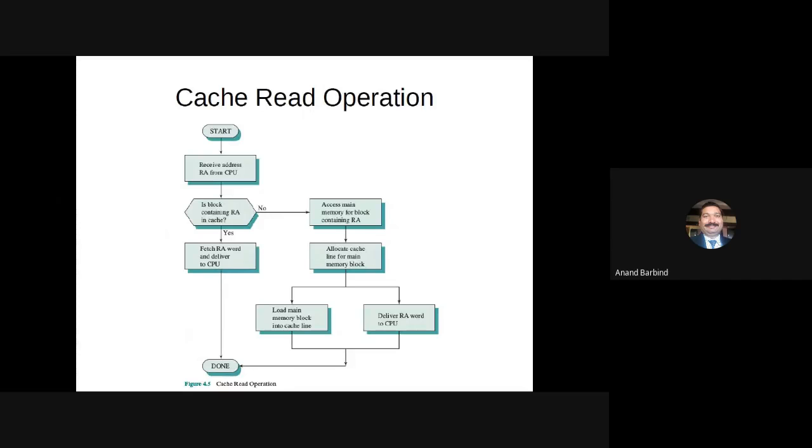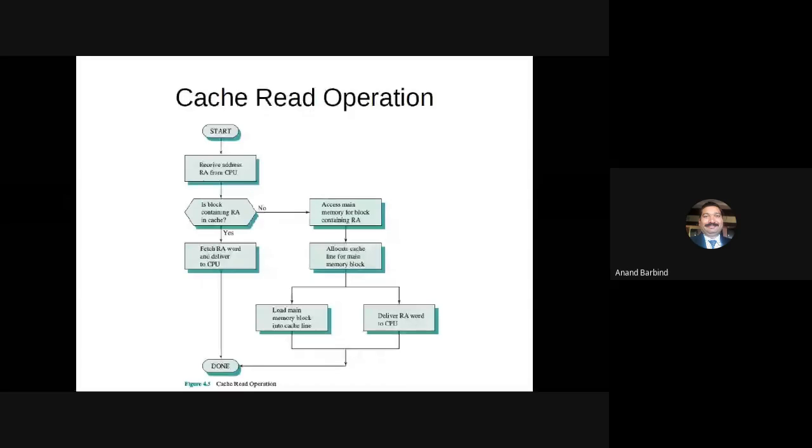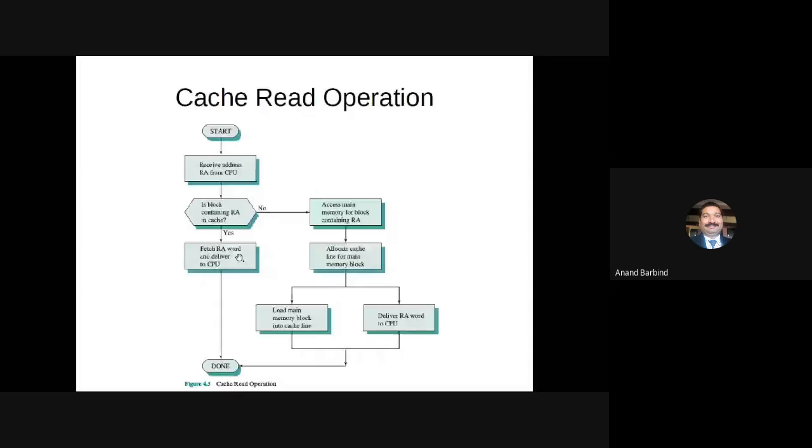So continuing with this. After the CPU first checks if the read address is there in the cache, that means whatever the CPU wants to read, if the read address is part of any of the blocks, if it is yes, that means that particular block is present in the cache. Then the CPU fetches the word at the read address from the cache.